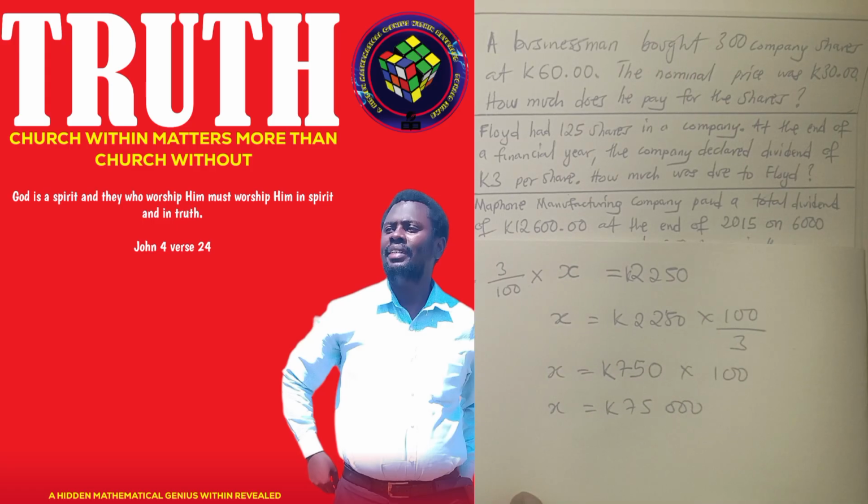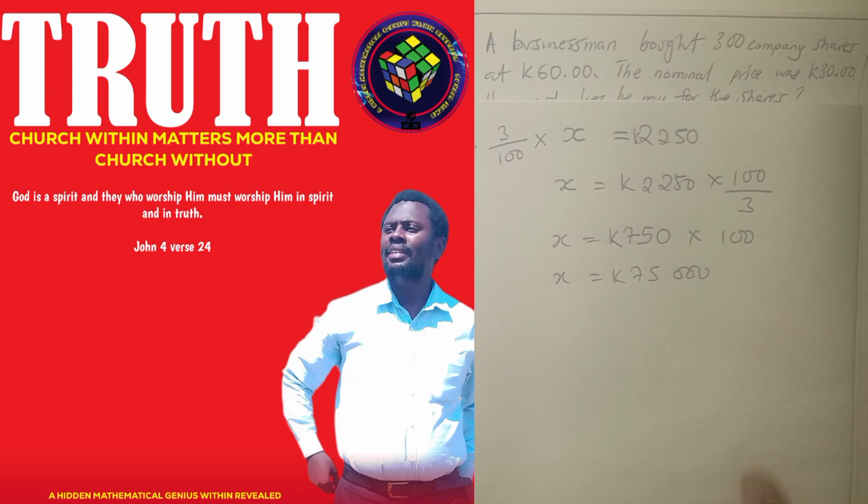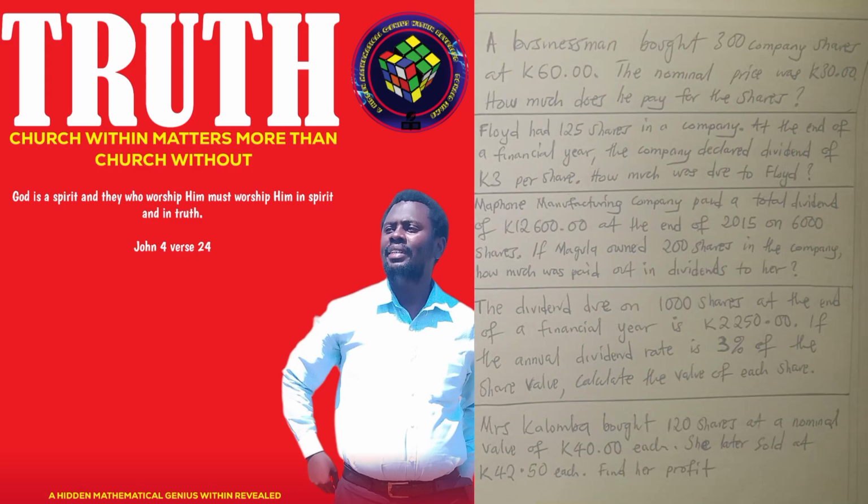So meaning the total value of shares is 75,000. Now the question says calculate the value of each share. The total number of shares was 1,000.